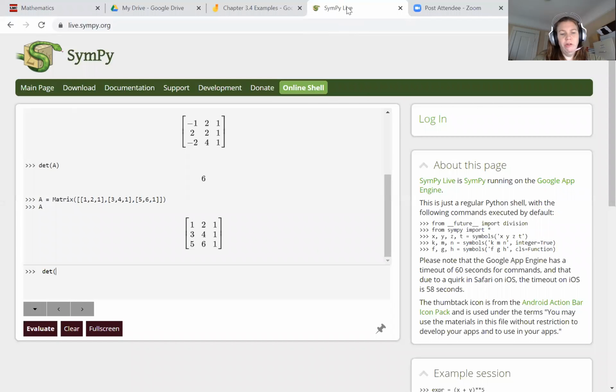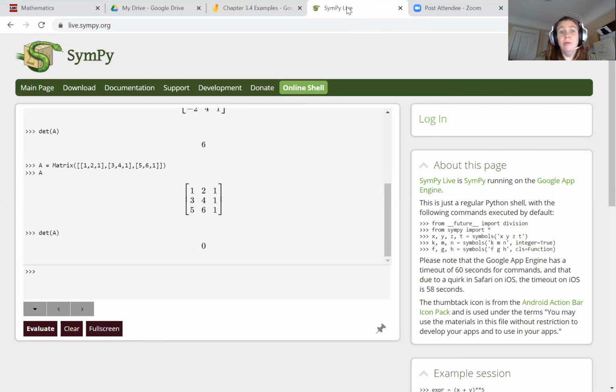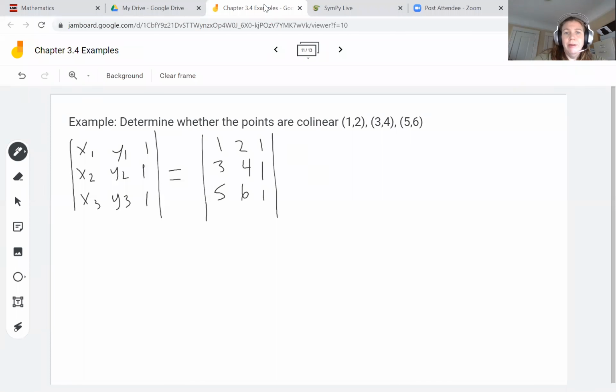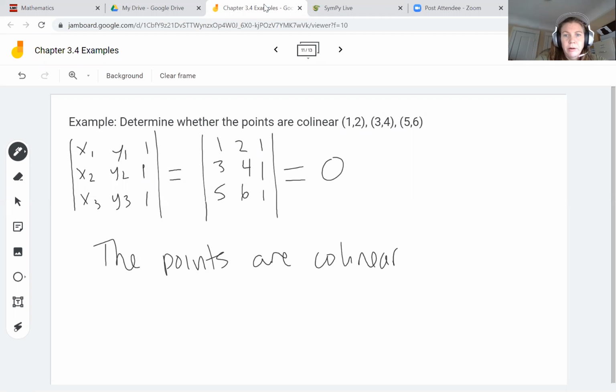And we do think visually these points are on the same line because the slope between them is the same. And so we get 0 as the determinant here. So that tells us these points are all on the same line or are collinear. So therefore, the points are collinear. Or in other words, on the same line.